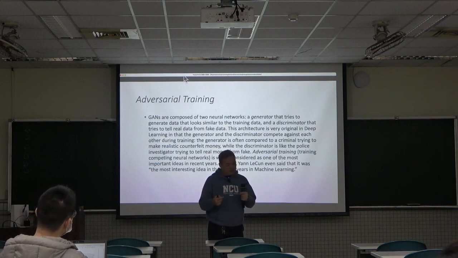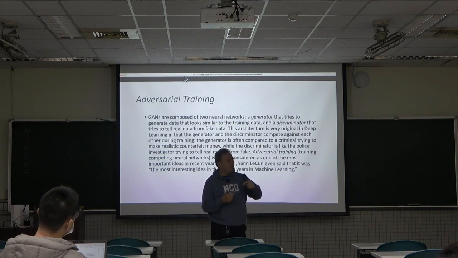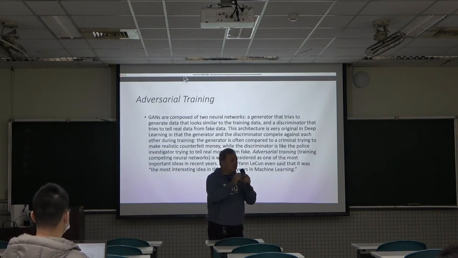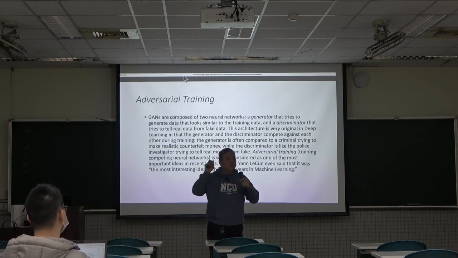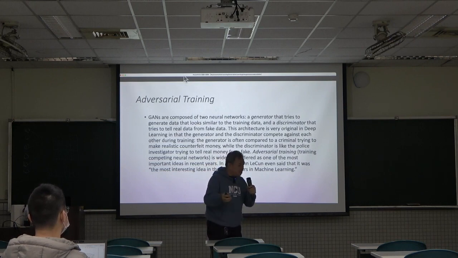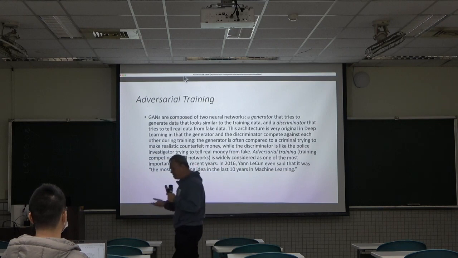The generator will become better at generating the picture, making it as realistic as possible, because the purpose is to cheat the discriminator. And the discriminator is going to become better and better at telling if the input is fake or not.